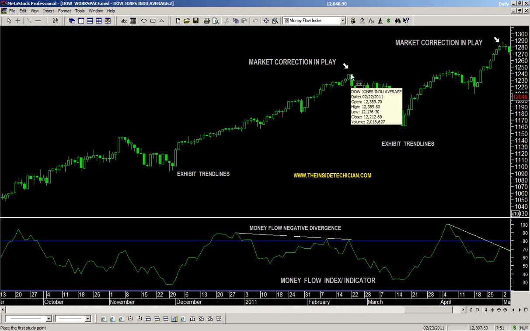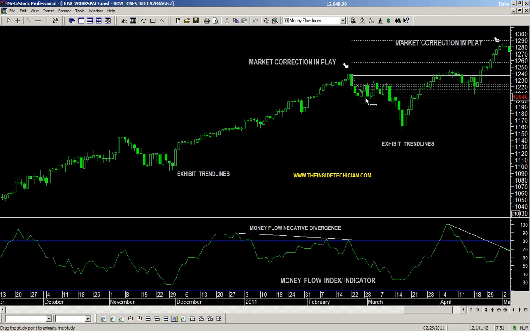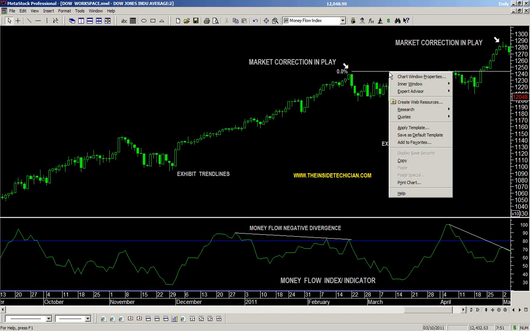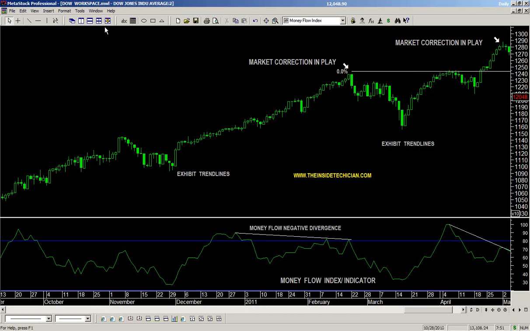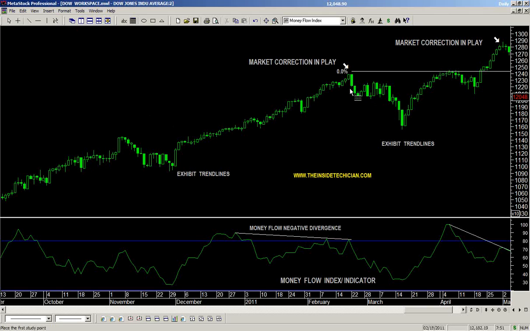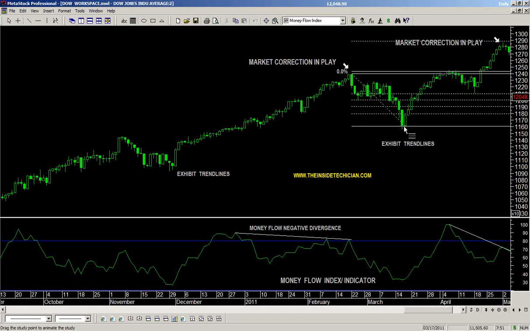So here we connect this data point right here with this point here. Let me make that correction. Okay, here we are. This point and this point here.